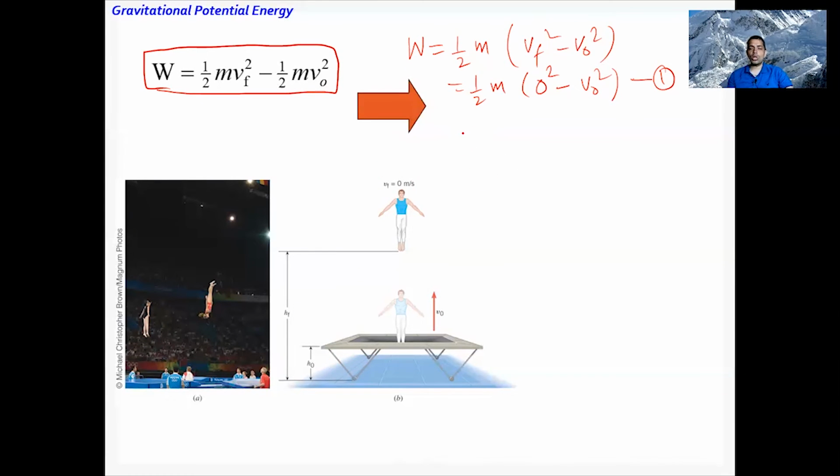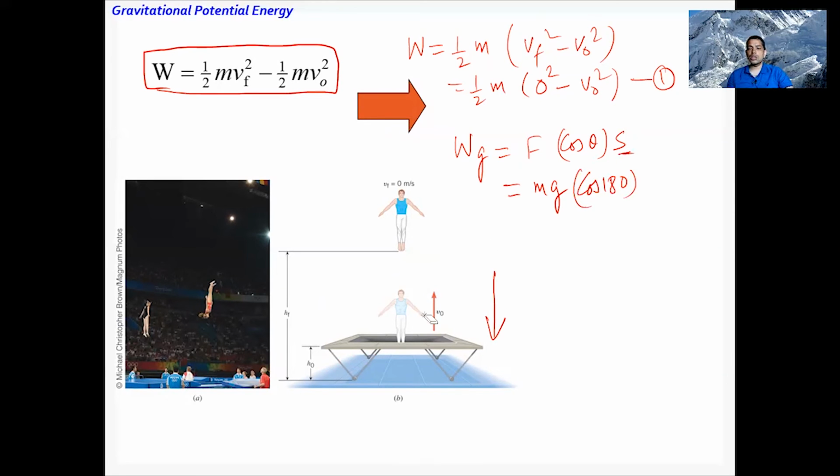Let's find the work done by gravity here. Work done by gravity is F cosine theta S, right? So your F is gravity, which is mg. Your S is up and gravity is acting down. That's why this is cosine 180. Then what is the S?